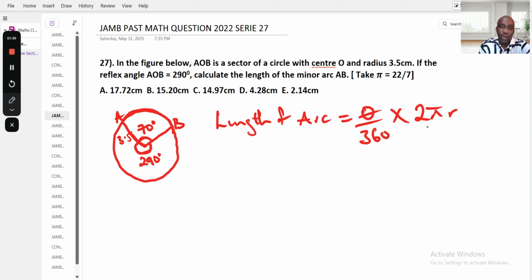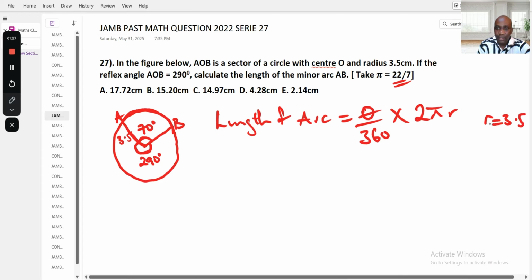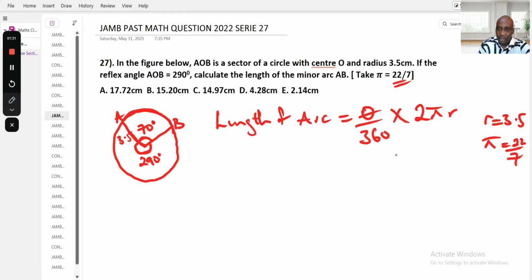This is the formula we are going to use to solve this question. What is our pi? We already know that it's 22/7. What is our radius? Our radius is 3.5, isn't it? And our pi is 22/7. Therefore, let's begin to solve.